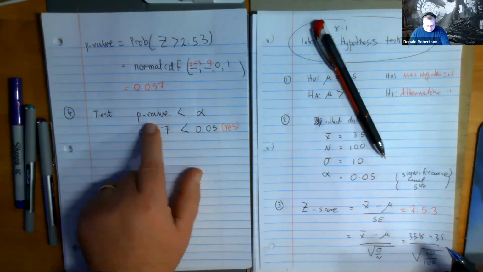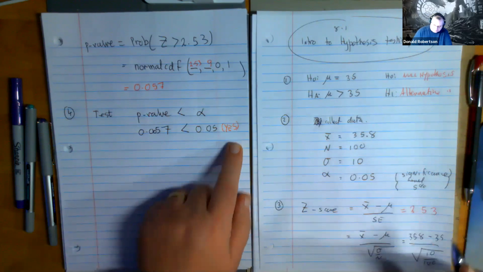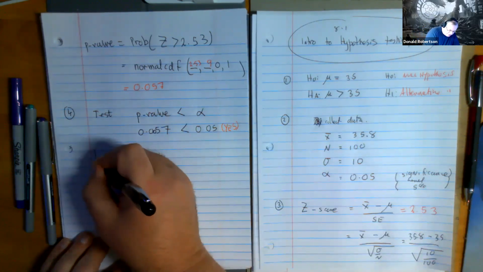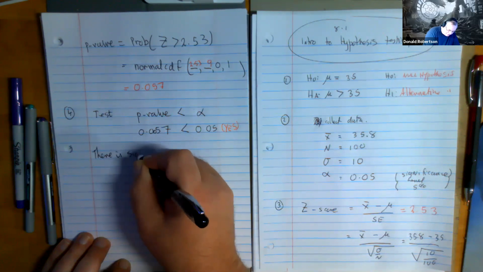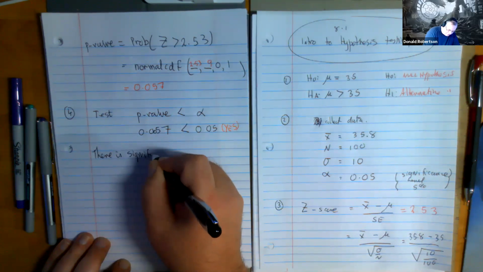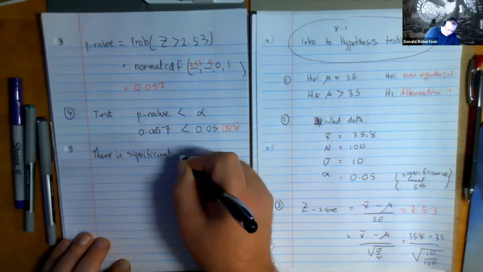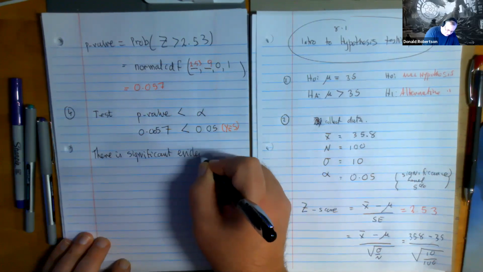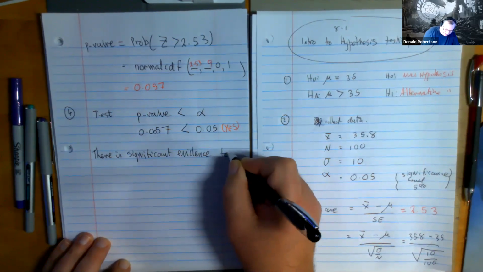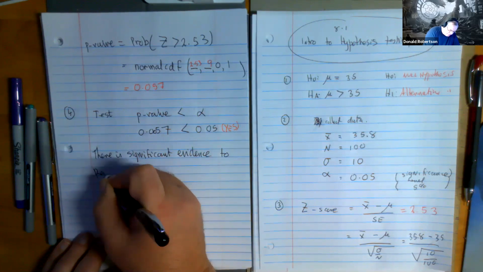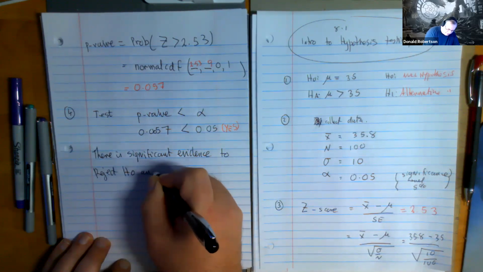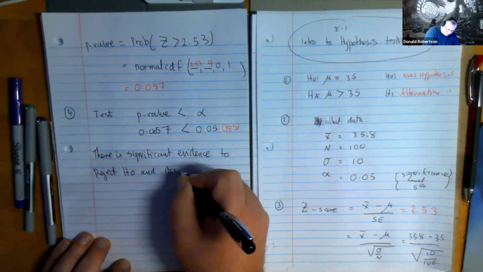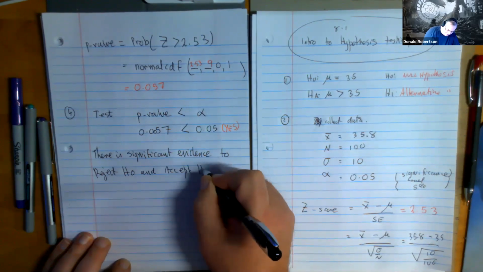When you get yes from your test, what that means is there is significant evidence, the jargon is, to reject the null and accept the alternate.